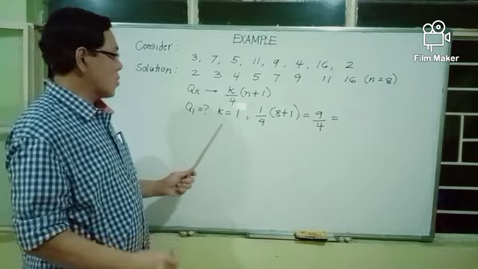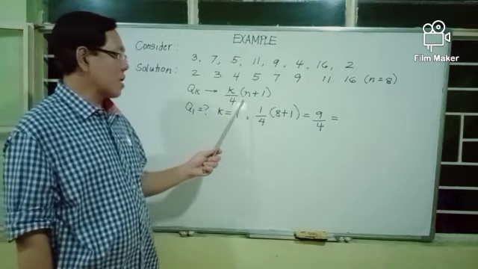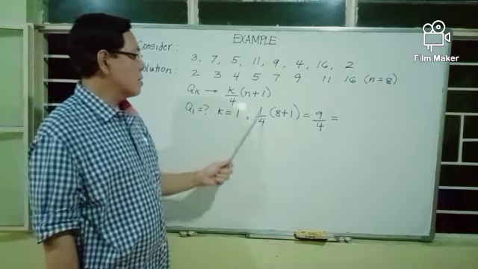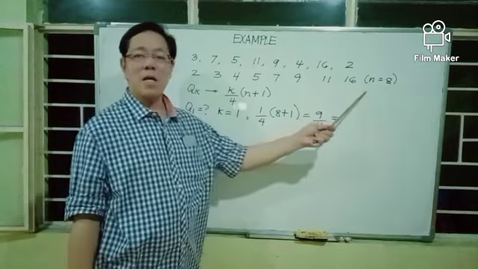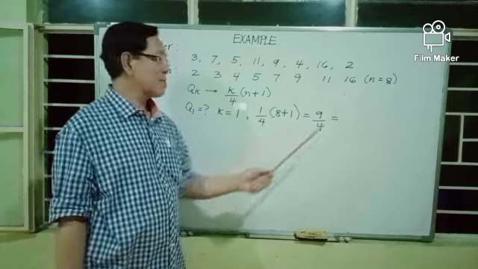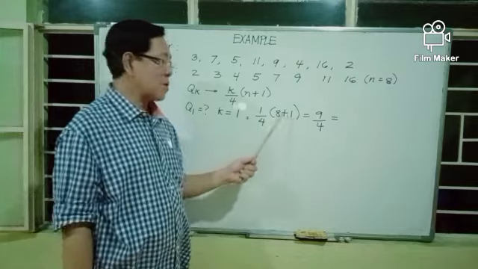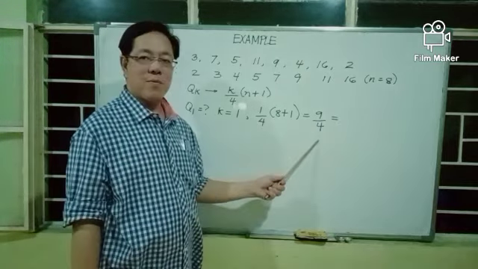And for K is 1, you compute K over 4 times quantity N plus 1. For K is 1, divide by 4, N is 8, the number of values given, plus 1. 8 plus 1 is 9, multiplied by 1 is 9, divide by 4.